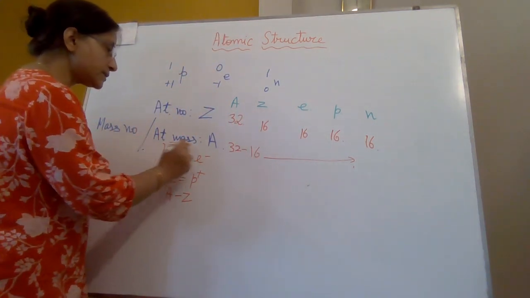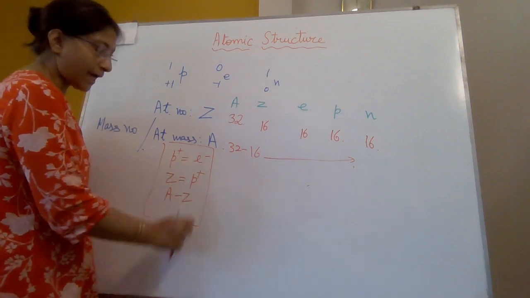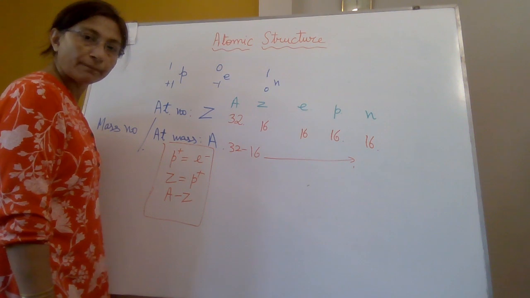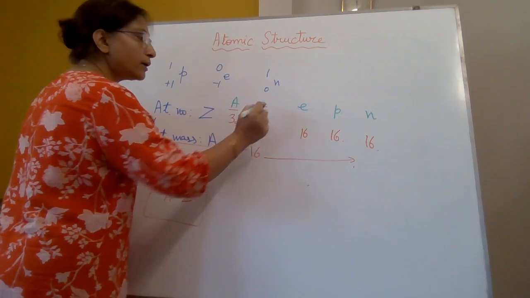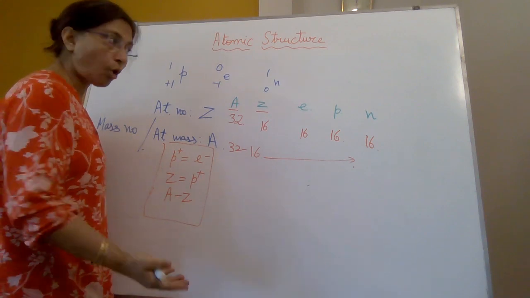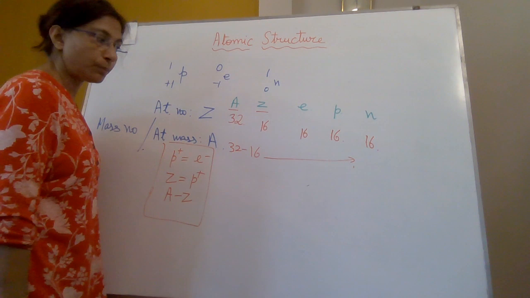So by these three calculations, we can calculate all the subatomic particles if we are told the mass number and the atomic number, or if we know the electron, proton and neutron numbers.